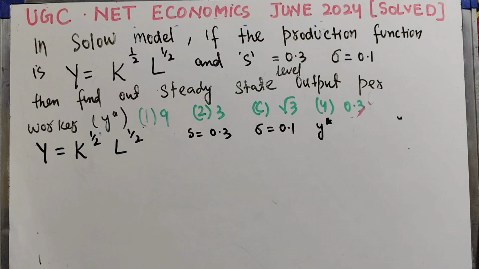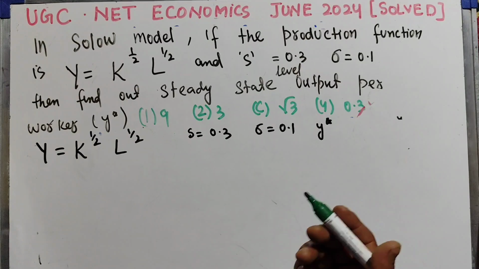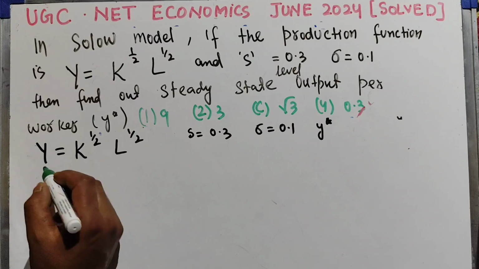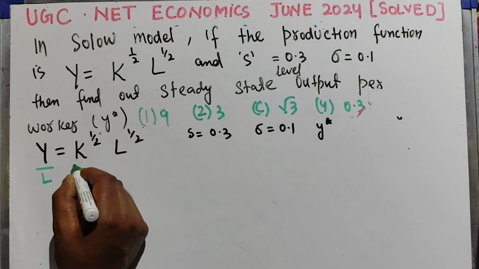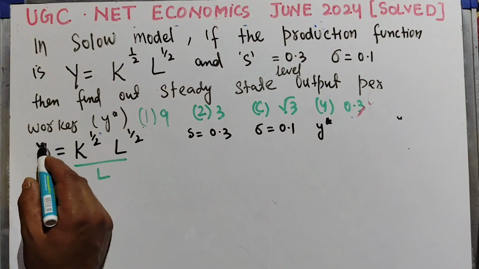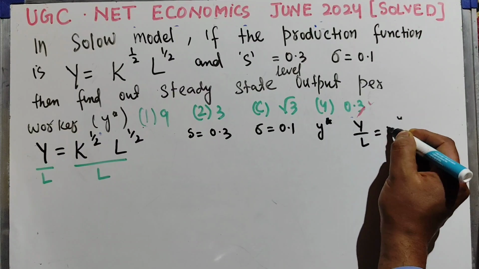Okay, so to solve this question, first we write the given equation in intensive form, that is, in output per worker form. So let's divide both sides by L, and let us denote y upon L by small y.